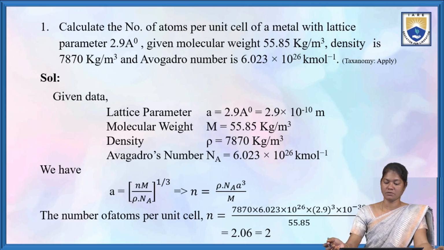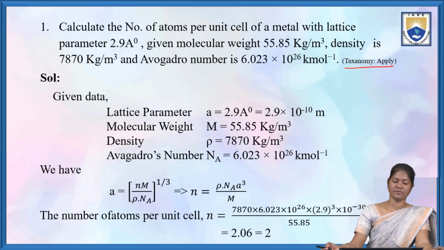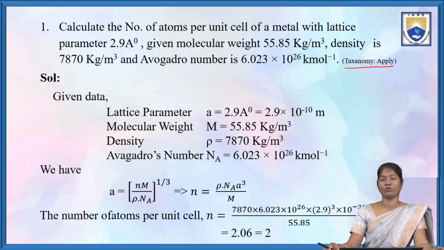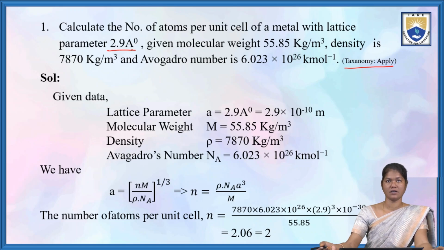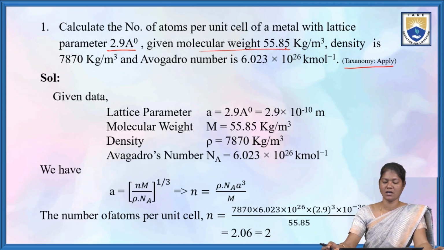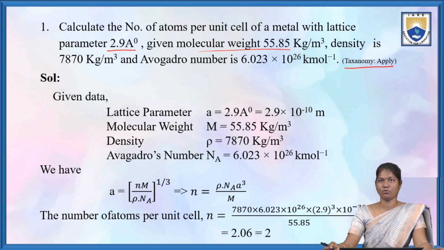So this comes under the Bloom's taxonomy level of applying. The course outcome is CO1. So let's see the problem again. Here, we have to calculate the number of atoms per unit cell of a metal with lattice parameter 2.9 angstroms, and the molecular weight of that atom is 55.85 kilogram per meter cube.